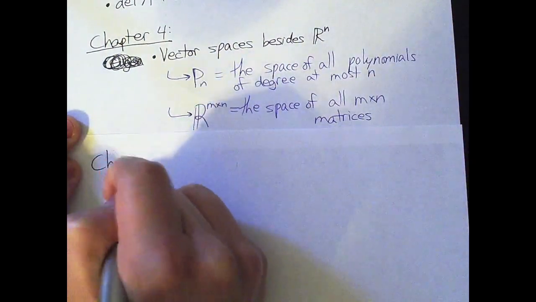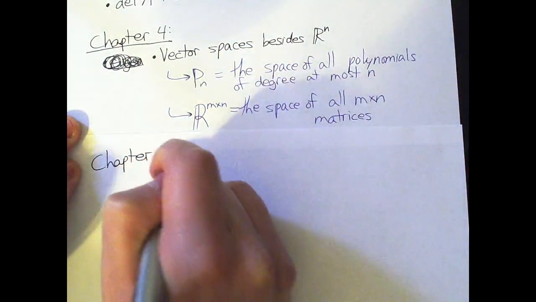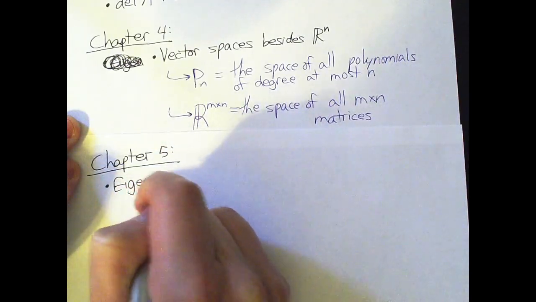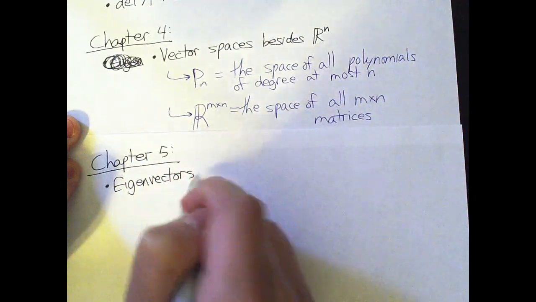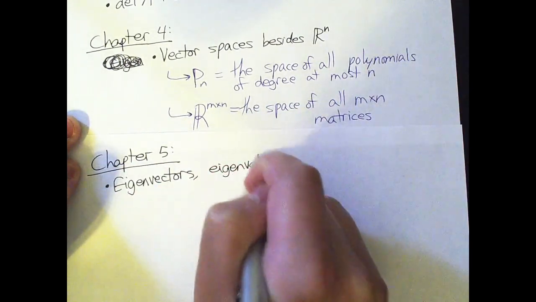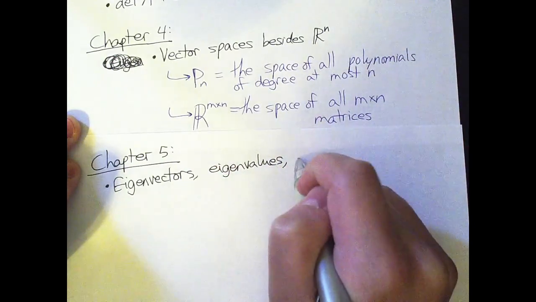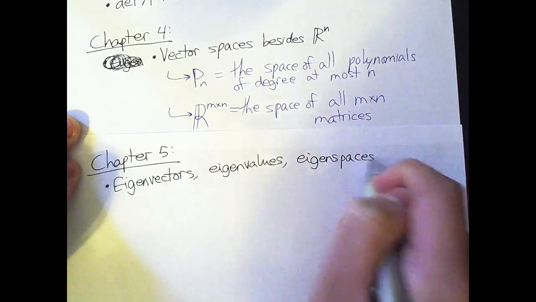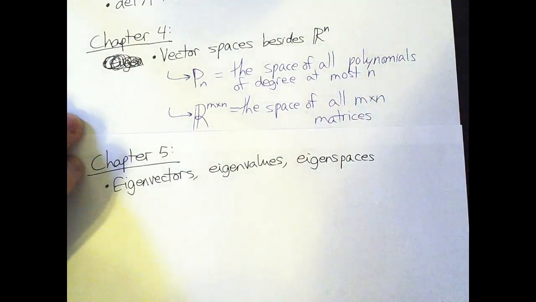Then we got to chapter 5. Chapter 5 was about eigenvectors, eigenvalues, and eigenspaces. You should know what each one of those means, and you should know how to find them.